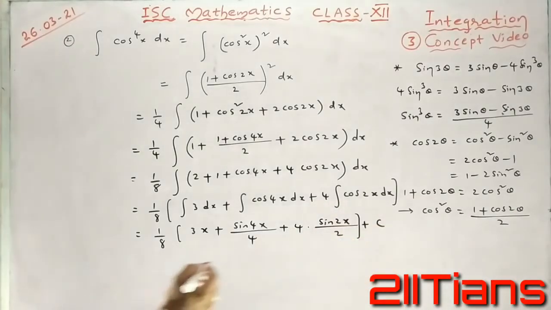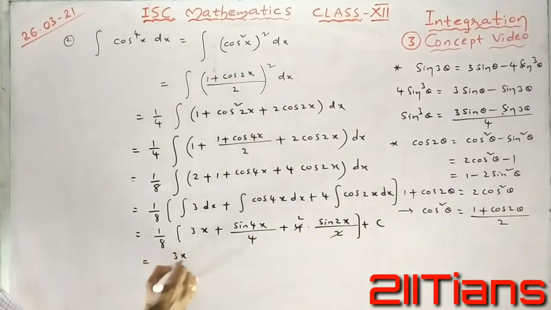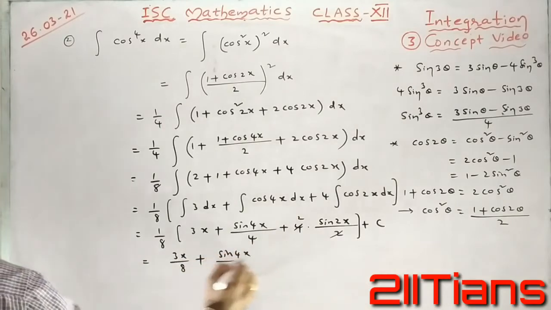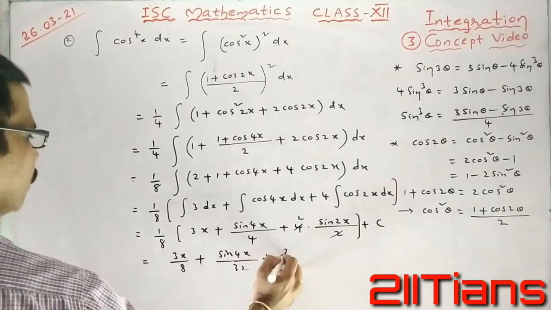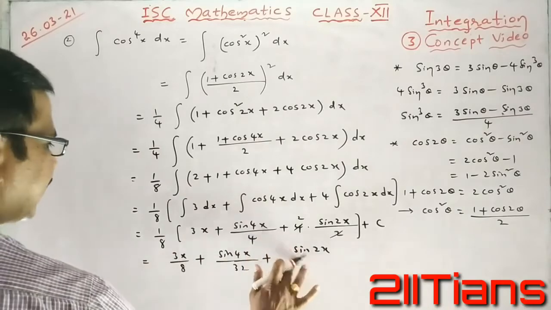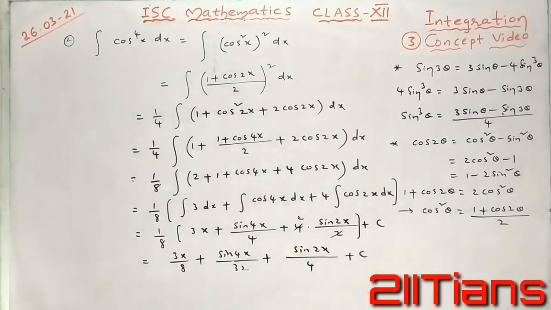Right? So we can write here 2 1s, 2 2s. So 3x upon 8 plus sin 4x upon 32 plus 2 sin 2x, 2 1s, 2 4s we can cancel, upon 4 plus c. Hope it is clear.